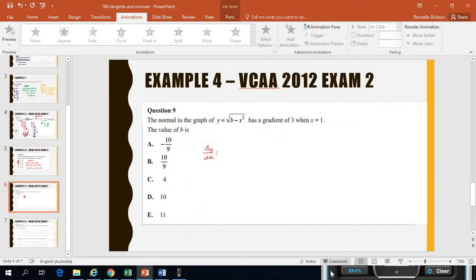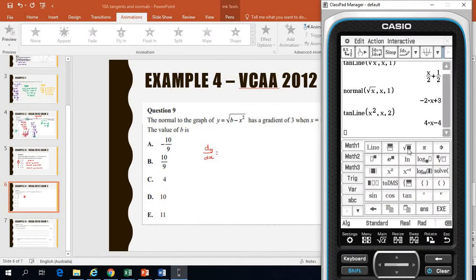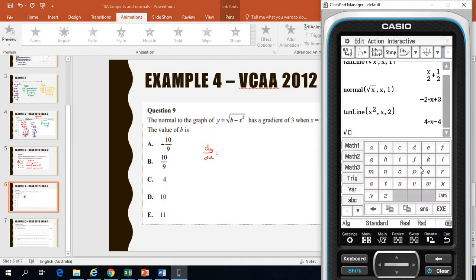So let's get our calculator up again and type in that equation. So I'm wanting to have b minus x squared, minus x squared is my function.